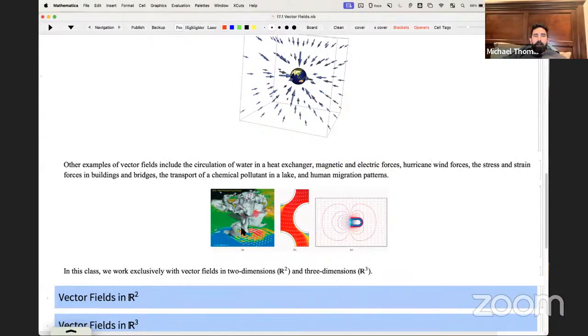Here's a kind of a 3D semi-representation of a vector field. The stress and strain of forces on buildings and bridges, the transport of chemical pollutant in a lake, and human migration patterns. So there's lots of examples. You can take the idea of vector fields and extend it beyond 3 dimensions, but for our purposes, we're just going to stick with vector fields in 2 and 3 dimensions.